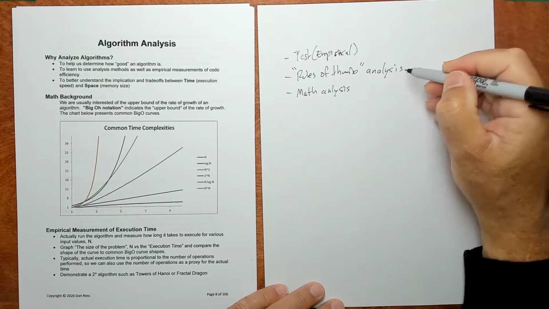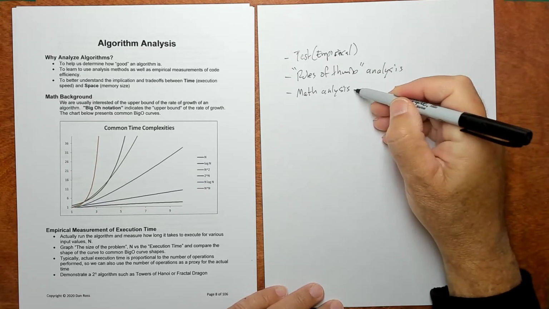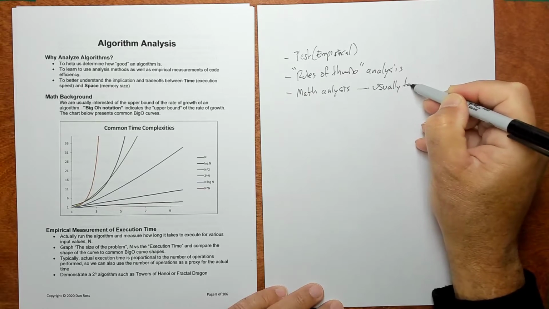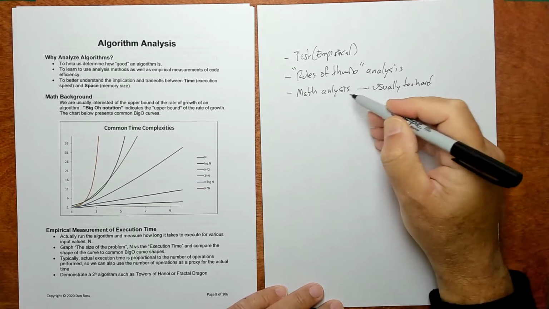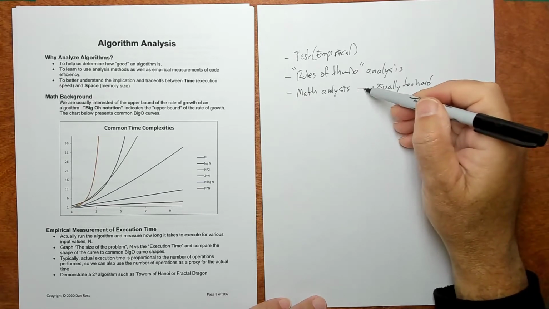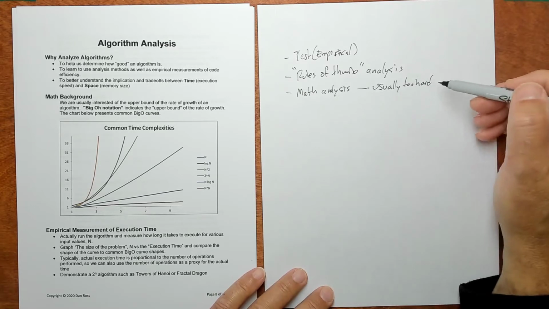So it turns out there's pros and cons to all of these. Math is usually too hard. Now I'll show you a math analysis for bubble sort, which we can kind of do. But bubble sort's a pretty simple algorithm.